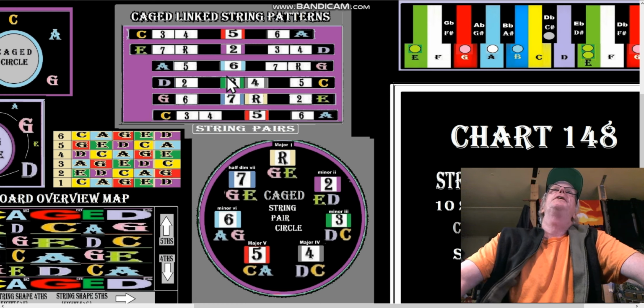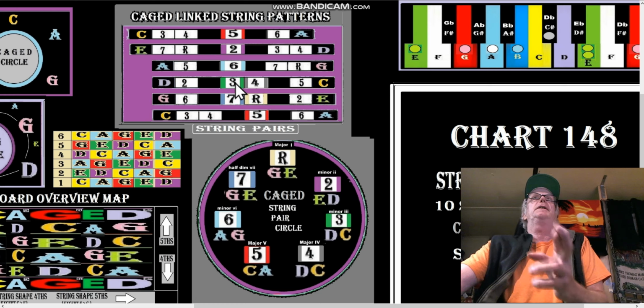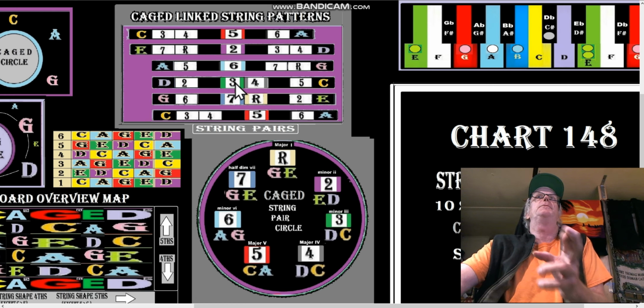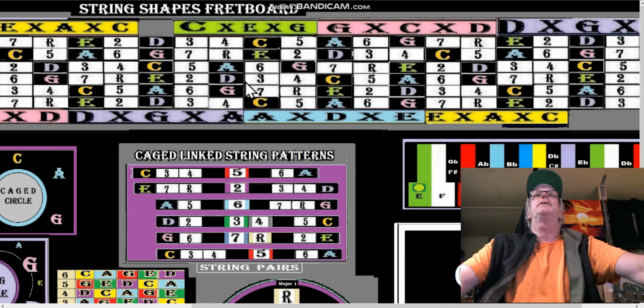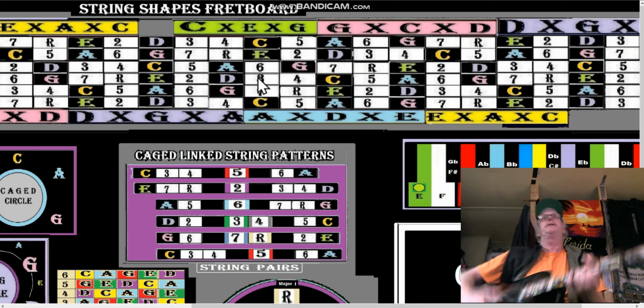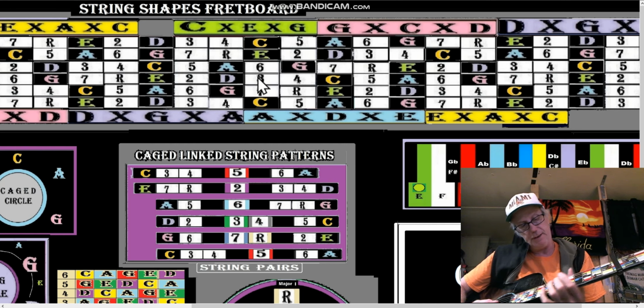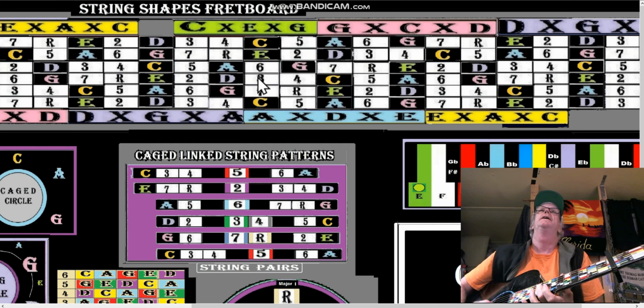So if you want to target a 3, you can use it as the outer note in the half step note pair of the D shape, or you can use it as the inner note in the half step note pair of the C shape. So you're up here on the chart, playing this 3, which happens to be an E. We'll do it on the 4th string.